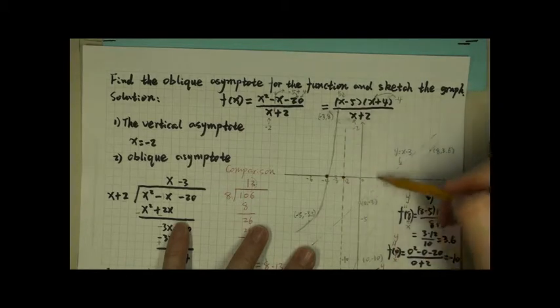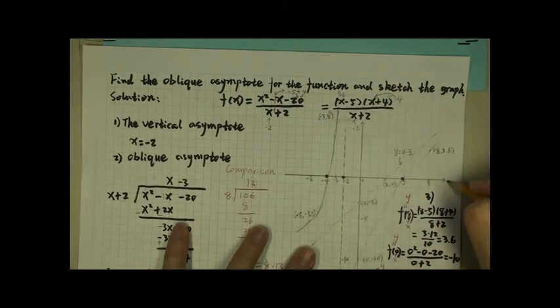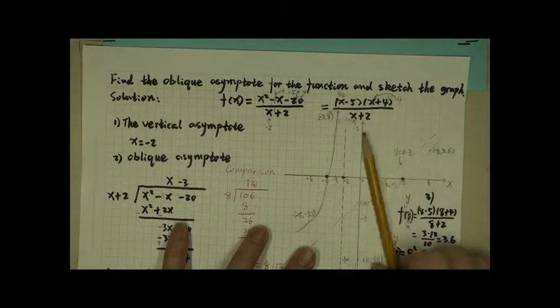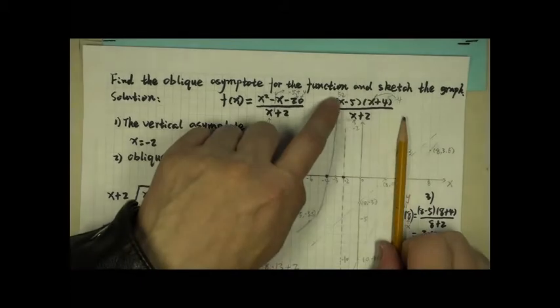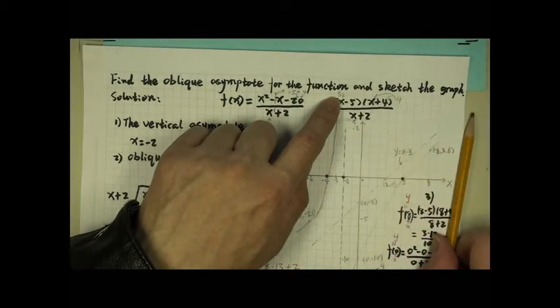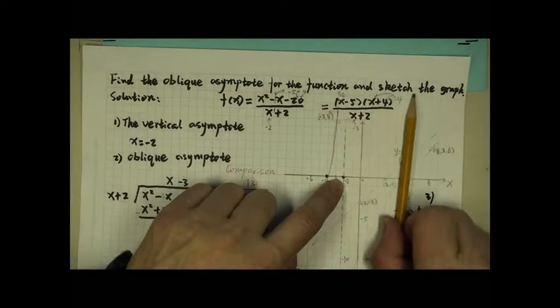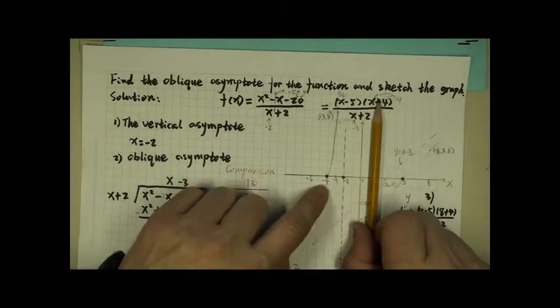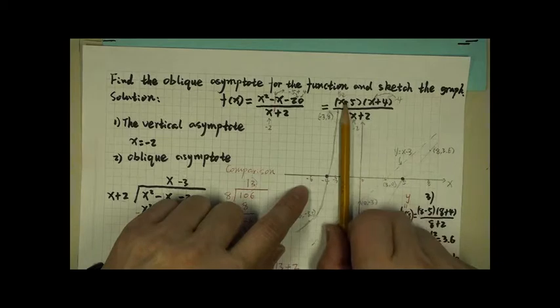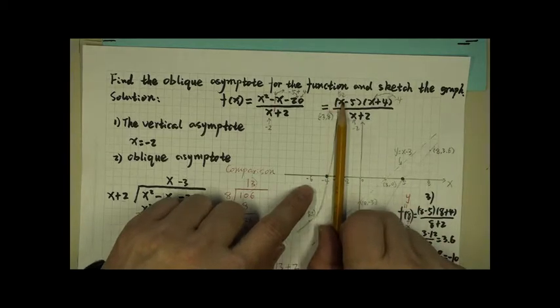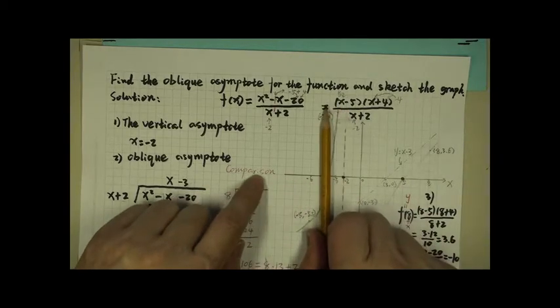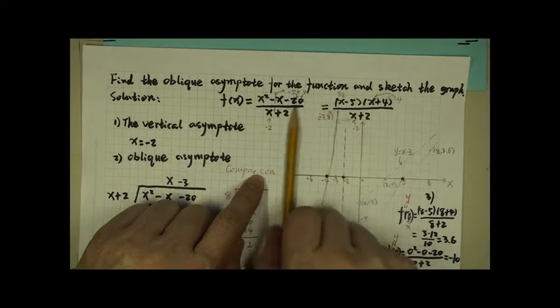Those 3 points divide the x-axis into 4 parts. One part from 5 to the right. Between negative 2 and 5, that's the second part. And between negative 4 and negative 2, that's the third part. And from negative 4 to the left, that's the fourth part.